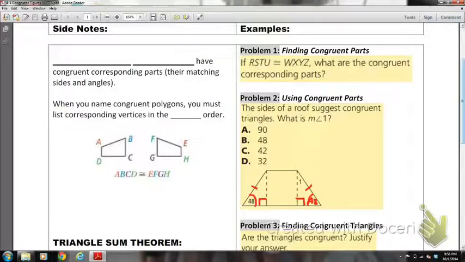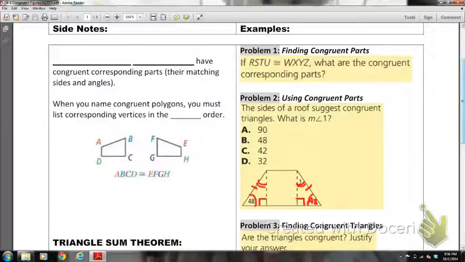And the measure of angle 1, which is the angle that we're asked to find, is going to be congruent to the measure in the triangle on the left that matches it, the matching corresponding angle. So how do we set this up to find the measure of angle 1?